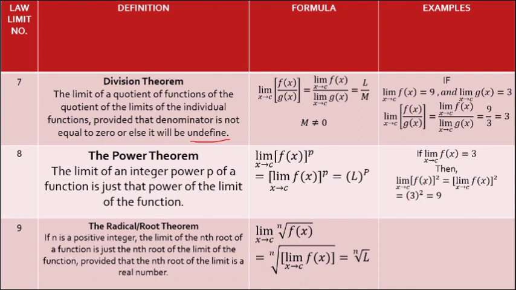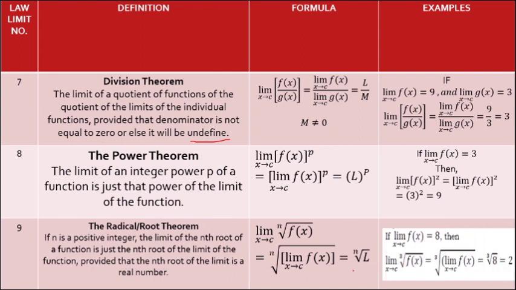For the root theorem, it is the same, just the opposite of the power. If the limit of the function is equal to 8 and it is a cube root, you are going to find the cube root of 8, which is equal to 2.